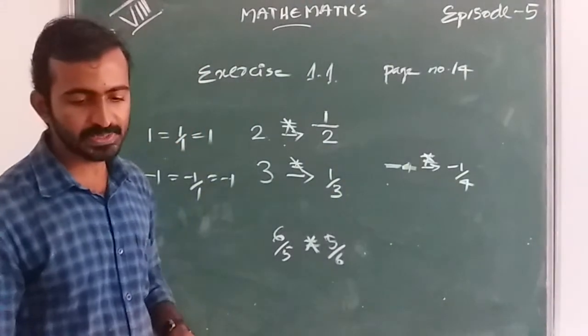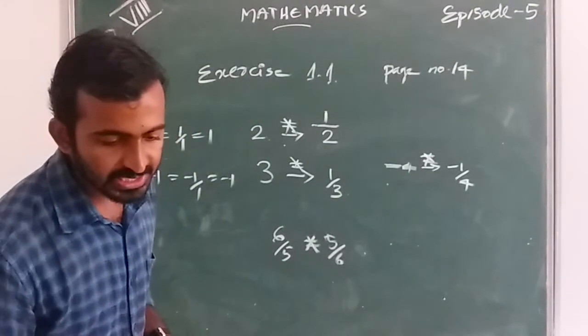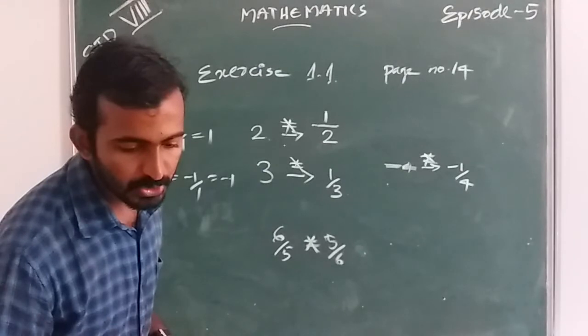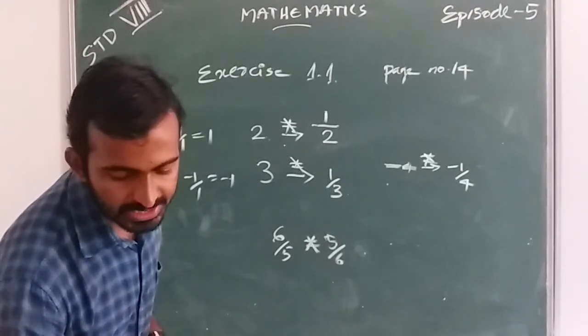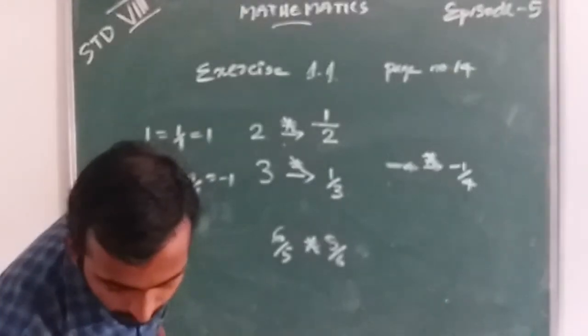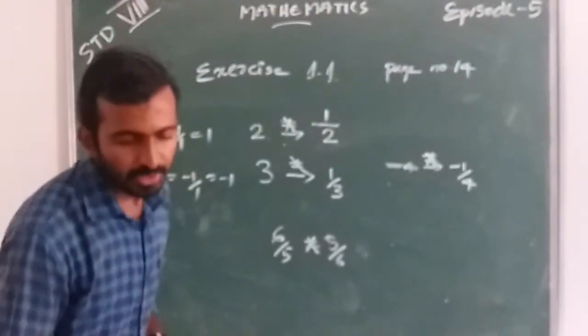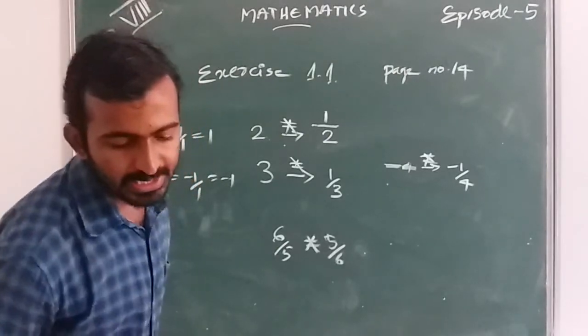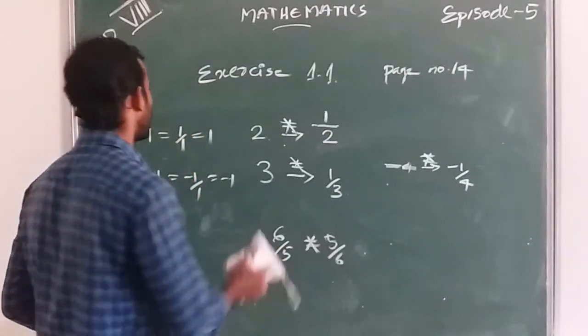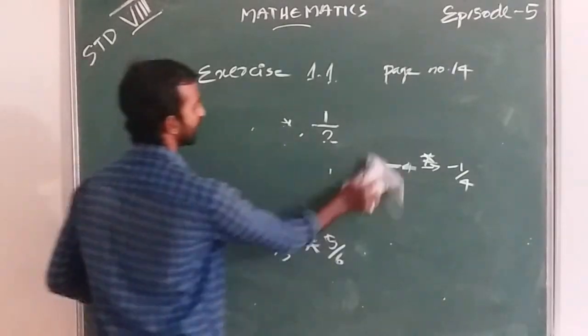Okay, next question is the rational number that is equal to its negative. The third one is the rational number that is equal to its negative. What is the answer?